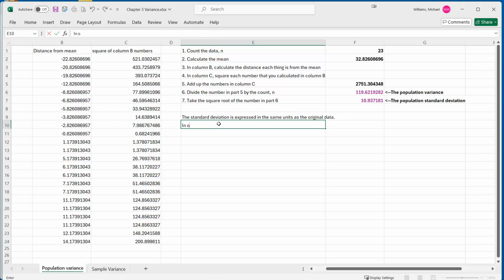In other words, in this problem, the standard deviation is, I'm just going to copy the number, 10.937181 home runs. That tells us how spread out the original numbers are.